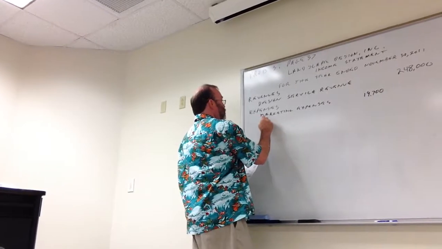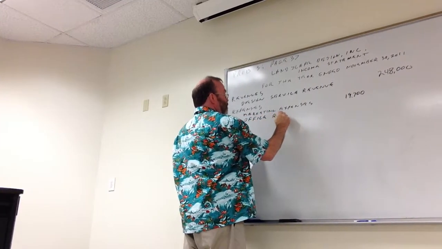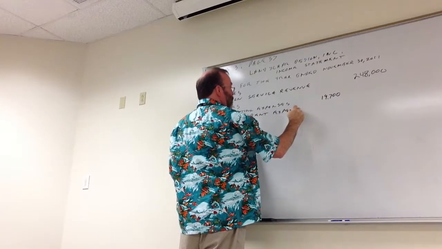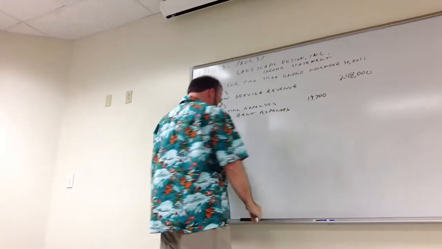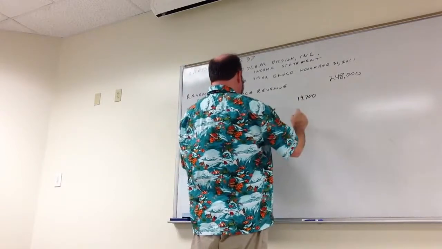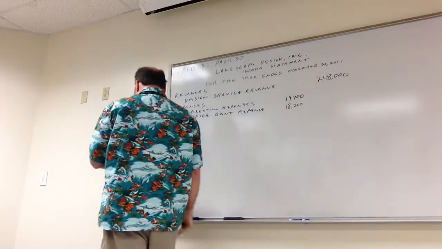The very next line says office rent expense. And that is 18,200. Continuing down that little alphabetical list, we come upon salaries expense.